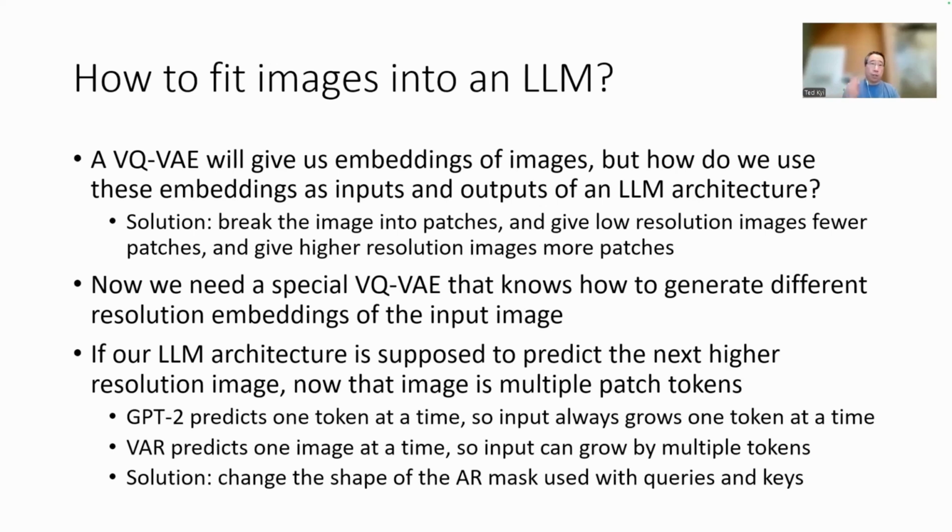So what we're going to do is say each patch uses a shared vocabulary, but low res gets 1 patch. Next res gets 4 patches. Next gets 9. Next gets 16, and so on and so forth until the final one gets 256 patches, and it can therefore have a lot more information content packed into it.